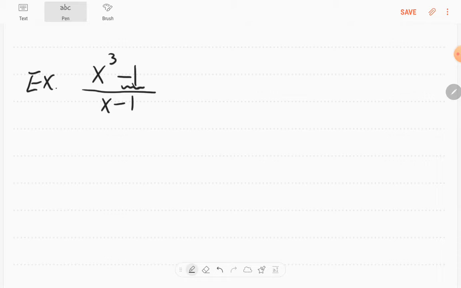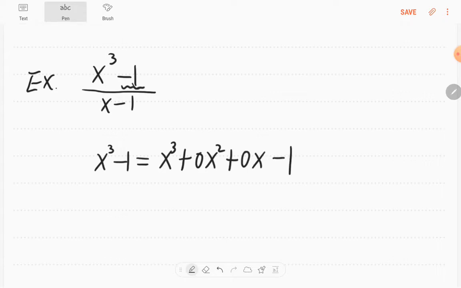So when you do the long division, you need to fill in all the missing terms. What does this mean? You need to write x cubed minus 1 as x cubed plus 0 times x squared, plus 0 times x, then minus 1. We should have all the terms, there's no missing term.